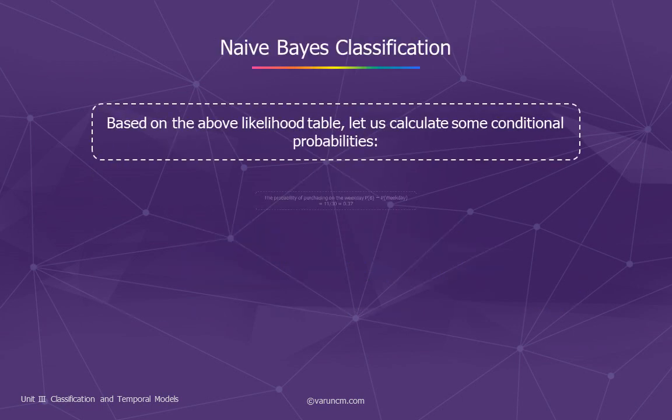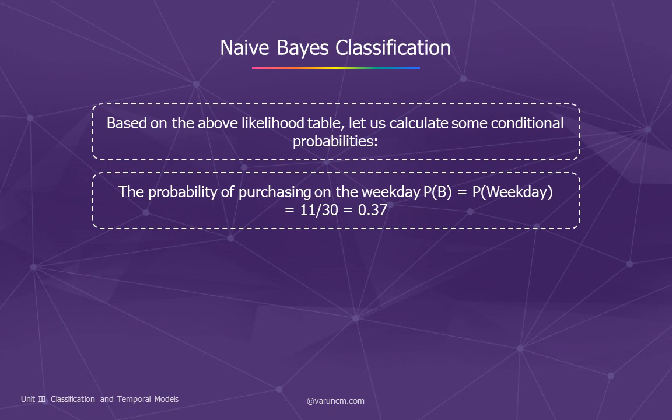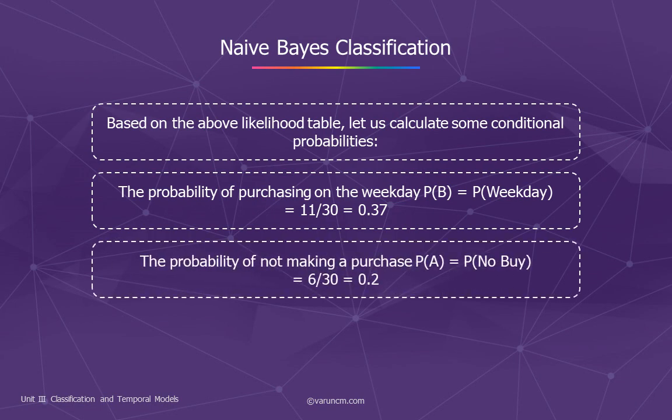Based on the likelihood table which we have created, we can find the probability of purchasing on weekday, that is P of B is equal to 11 divided by 30, which is 0.37. Similarly, for not making a purchase, you can find that 6 divided by 30 is 0.2.